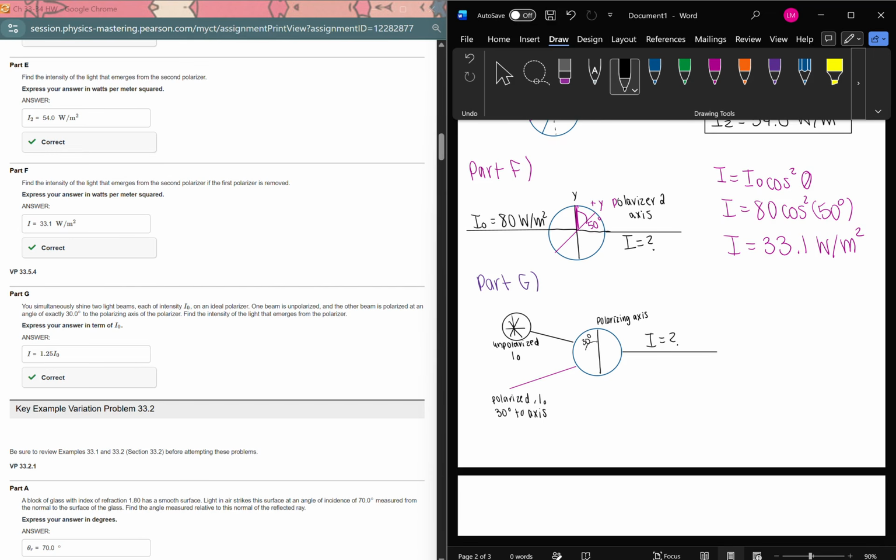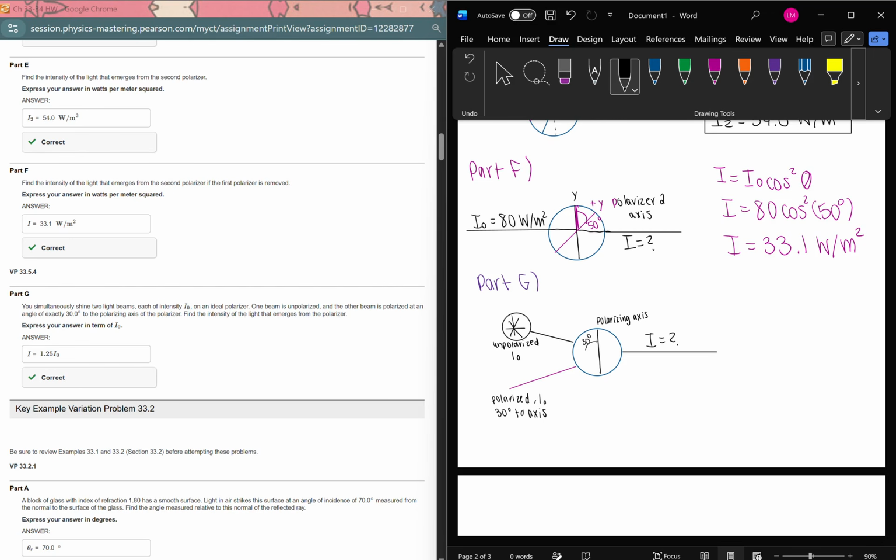I'm going to calculate the transmitted intensity for each beam separately and then add the results.